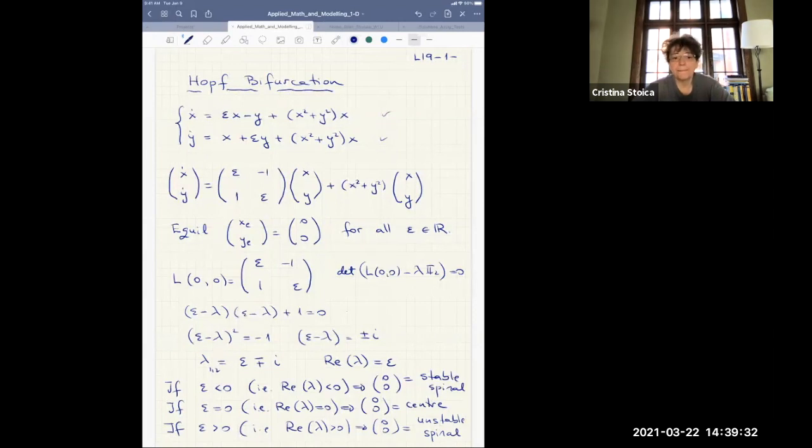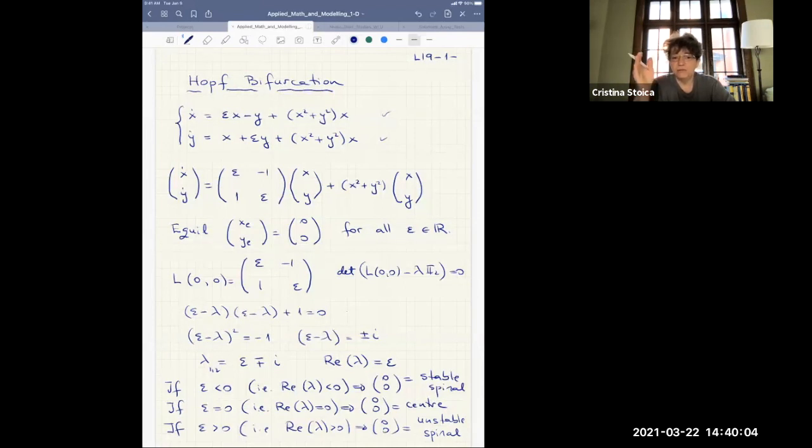And this is really the picture that we drew last time. So we have 0, 0 as the equilibrium for all epsilon, no matter what epsilon is. And then we have a switch of behavior at epsilon equals 0.